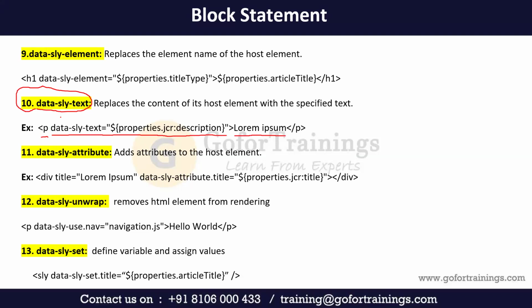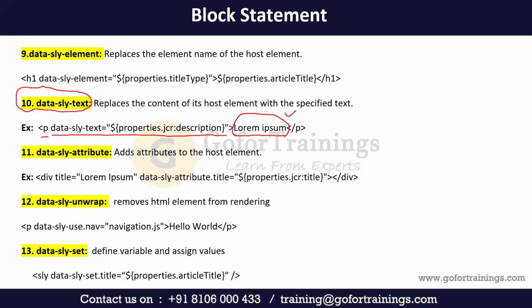I never use this data-sly-text, because instead of writing this way, we can directly inject the data by adding the HTL expression here: dollar curly braces properties.jcr:description. We can write it directly here. If the description is available, it will inject that data into the p tag.